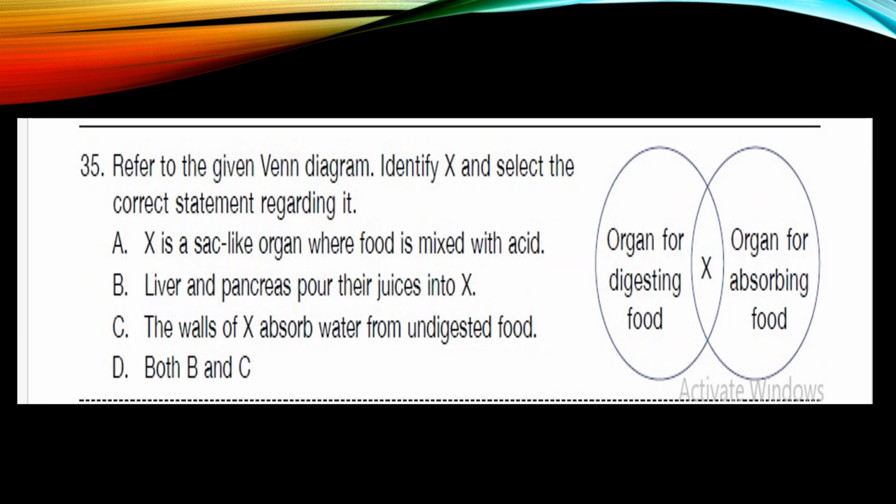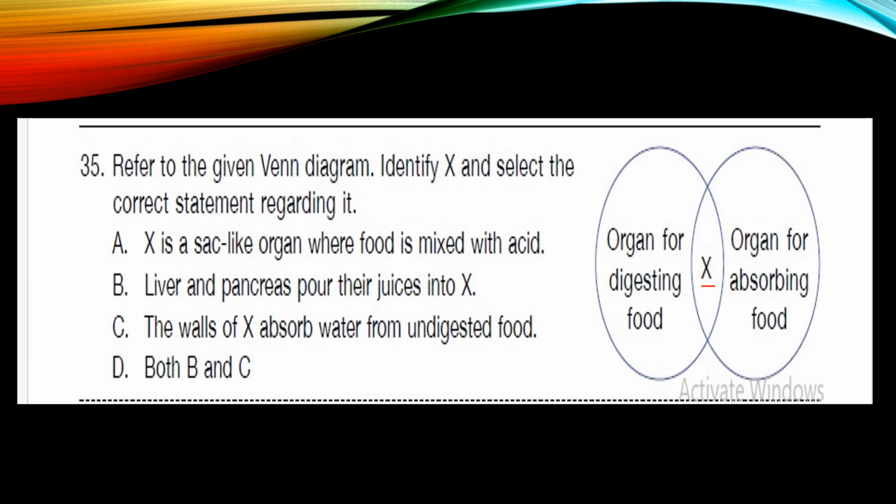Question number 35. Refer to the given Venn diagram, identify X and select the correct statement regarding it. This is the Venn diagram. It is organ X, organ for digesting food and organ for absorbing food. Option A. X is a sac-like organ where food is mixed with acid.